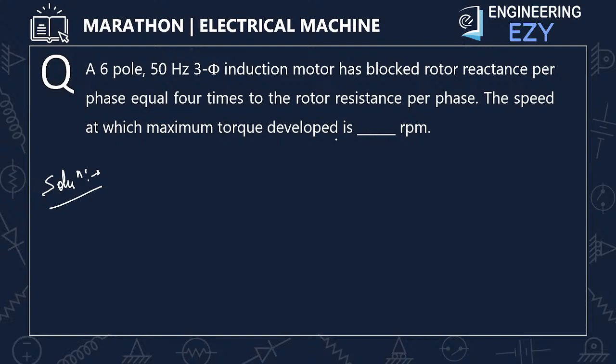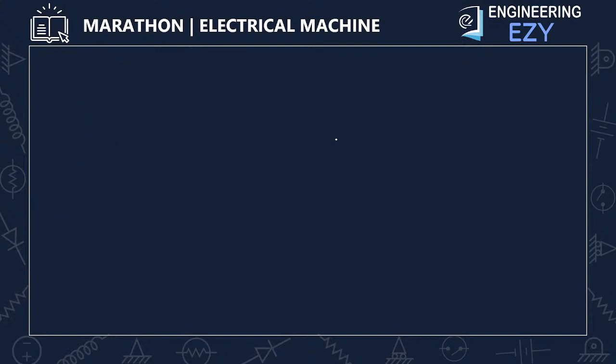Sai is asking whether the power electronics marathon is completed. Sai, I have already taken one power electronics marathon, but in the coming days I will take 2 or 3 more. It is not only this marathon I am taking for electrical machines. My plan is to take 4 to 5 marathons of each subject: electrical machine, power system, power electronics.